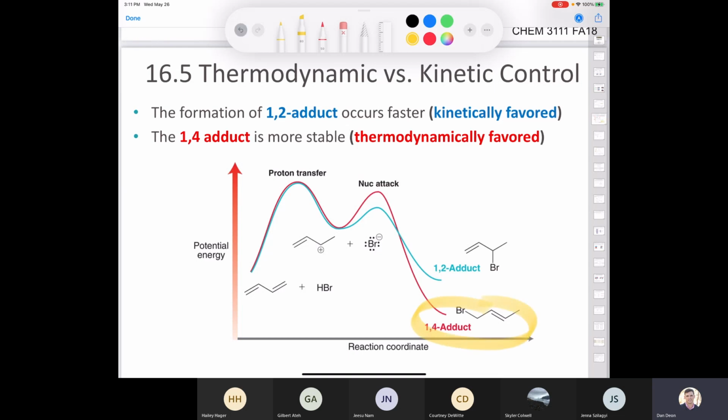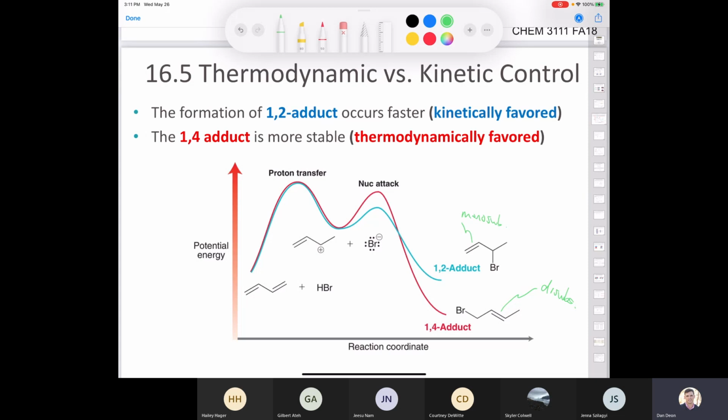Why would the 1,4 adduct be more stable than the 1,2 adduct? Well, the reason is that this alkene is di-substituted, whereas this alkene here is only monosubstituted. Monosubstitution versus di-substitution. So the 1,4 adduct is going to be thermodynamically favored.